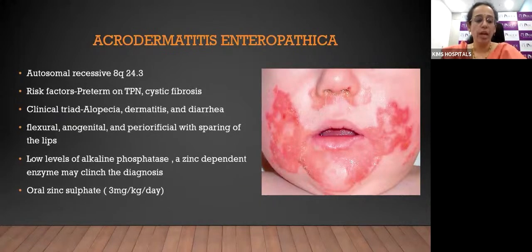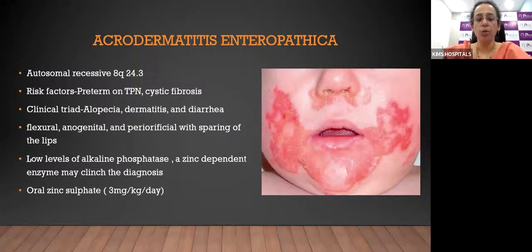It can also be inherited as an autosomal recessive condition with involvement of the 8q24.3 gene. The risk factors are a preterm baby on total parenteral nutrition without provision of micronutrients and trace elements, and it is also seen in babies with cystic fibrosis. The clinical triad of acrodermatitis enteropathica is alopecia, dermatitis, and diarrhea.